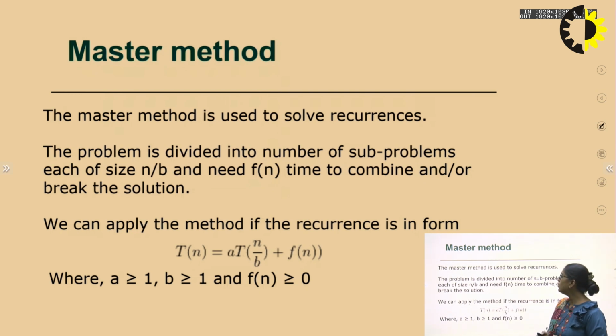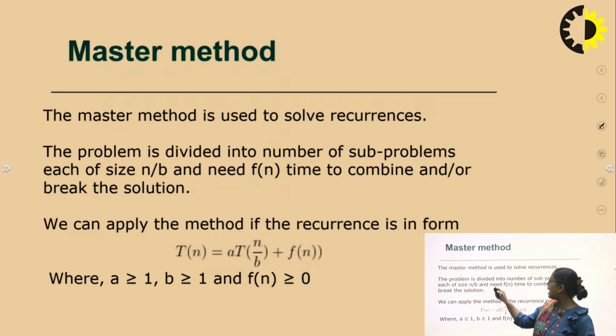So the master method is a way to solve recurrence equations. In this, we divide the problem into subproblems, each of size n by b, and f(n) is the time needed to combine or break the solution. We can apply the master method only if the recurrence is in this particular form.